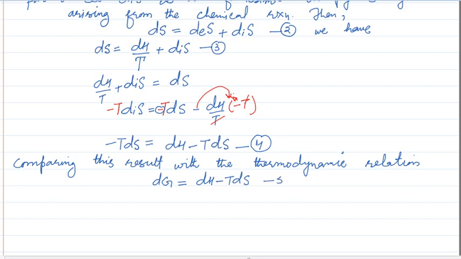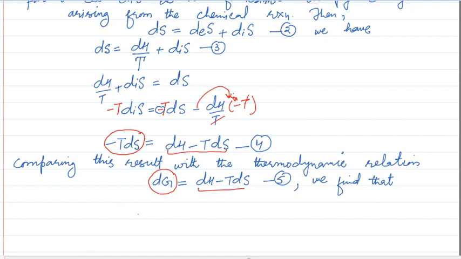This is equation 5. So if we compare 4 with 5, we will find that minus T dS_I will be simply equal to dG, because on the right hand side there are the same two terms.